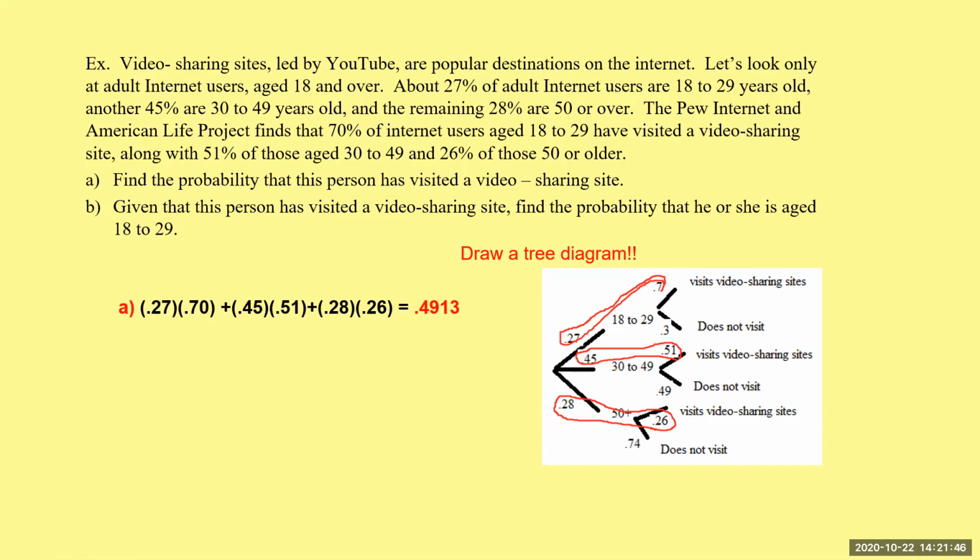So if we crunch the numbers, we get 0.27 times 0.7 plus 0.45 times 0.51 plus 0.28 times 0.26. And that gives us a total probability of 0.4913, or we could say about 49.13%.